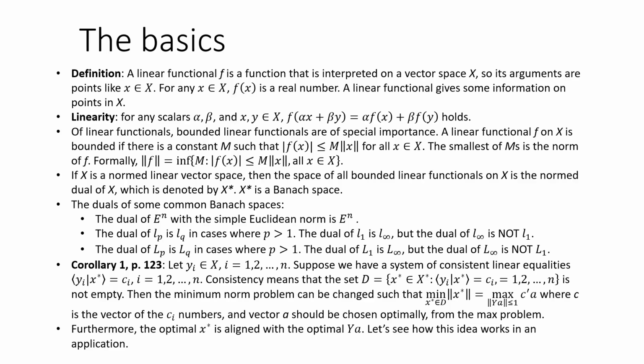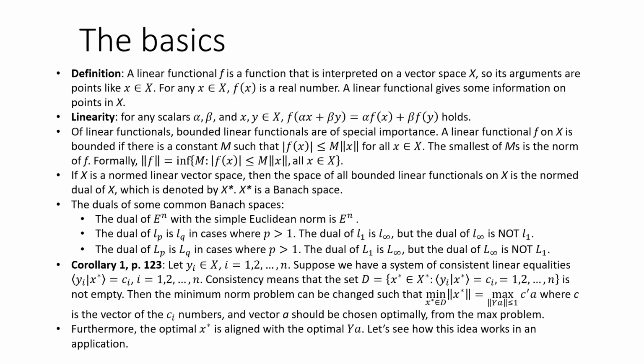But we must pay attention to bounded linear functionals. By boundedness, we mean that for a linear functional, the absolute value of the functional cannot be higher than a constant times the norm of any point in the vector space, and the smallest of such constants is the norm of the linear functional.